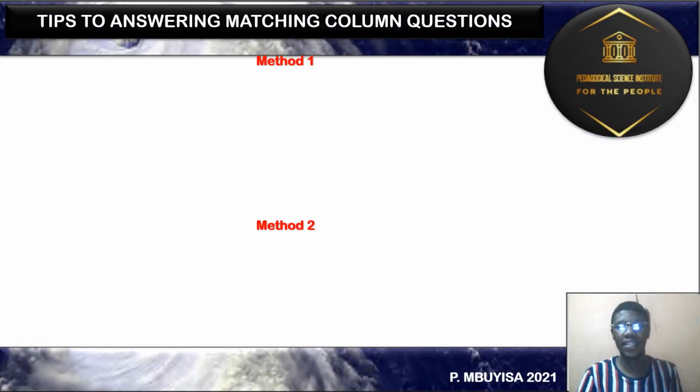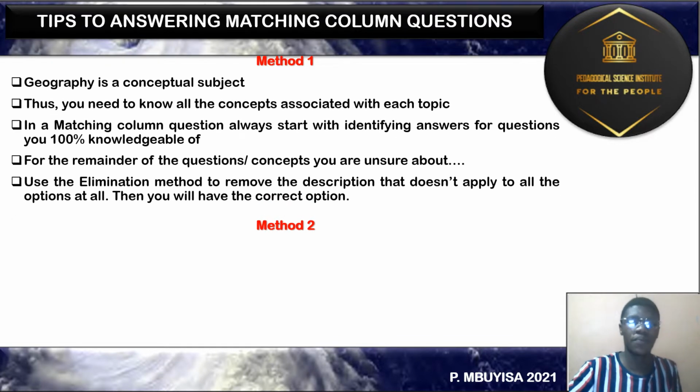Now, these are some of the tips to answering matching columns questions. There are two methods really that you can use. Let's look at the first method. Remember that geography is a conceptual subject, which means it's a concept-based subject. It means that you need to know your concepts. Now, with mid-latitude cyclones, there are special concepts or words that are unique to mid-latitude cyclones. And with tropical cyclones, the same applies.